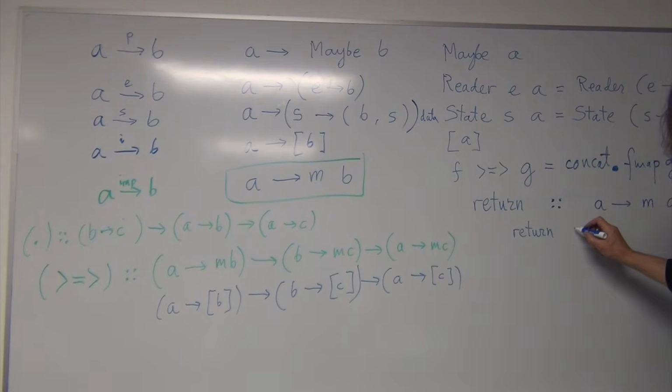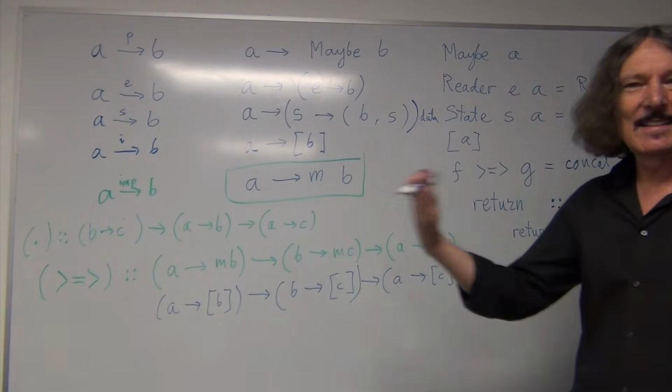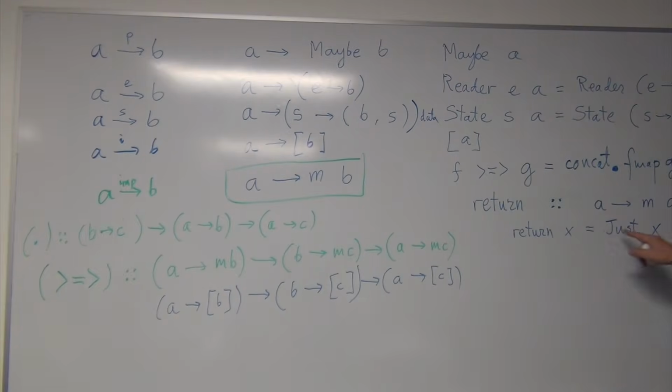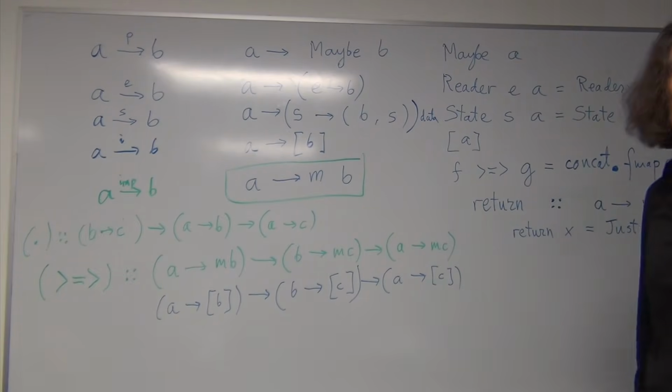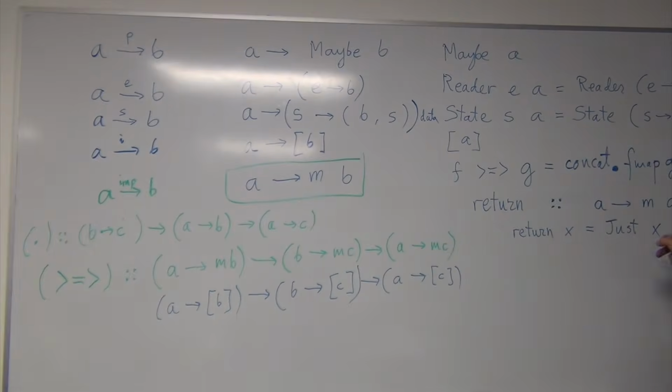Exactly. Return x: we are providing something of type A, and it should return something of type Maybe A. It should return Just, because it imitates identity. What you give it, it returns, but it just encapsulates it in the most trivial way.